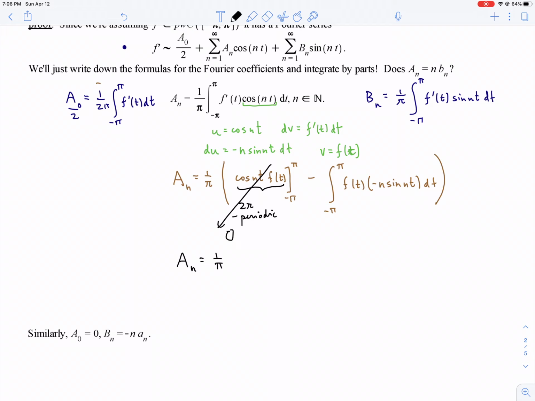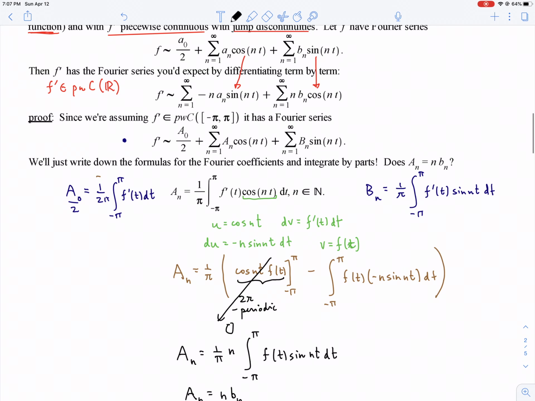Then there is an n, which I'll take out of the integral, and I'm left with the integral of f of t sine nt dt. And I recognize the 1 over pi times the integral as the sine coefficient, the b sub n for little f. So capital A sub n is n times b sub n, and that's what I was trying to show.